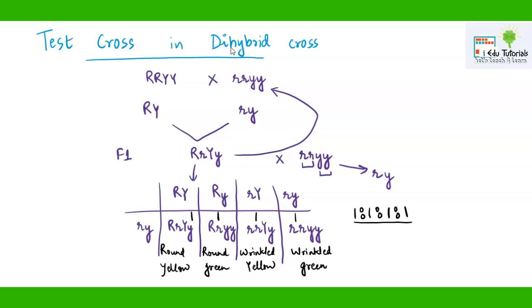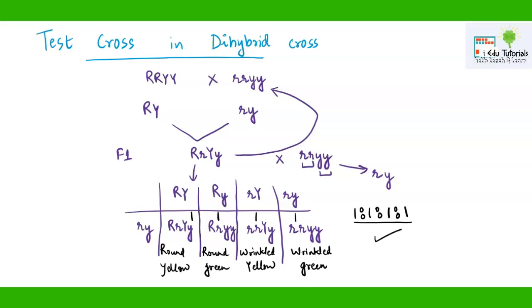They are all in the same number, so we can give them the ratio of 1:1:1:1. So if the F1 individual is heterozygous, we will get this ratio. Test cross is done to know the genotype of the F1 individual.